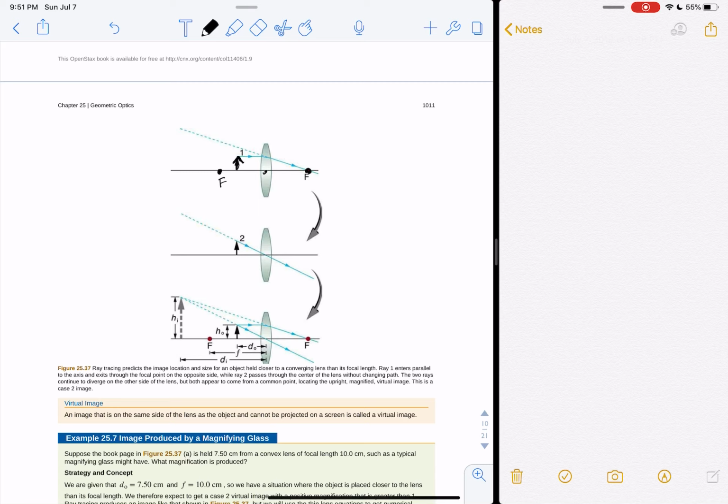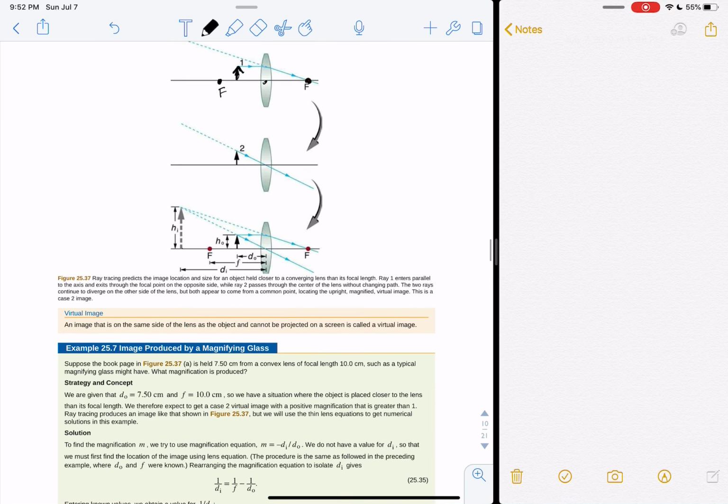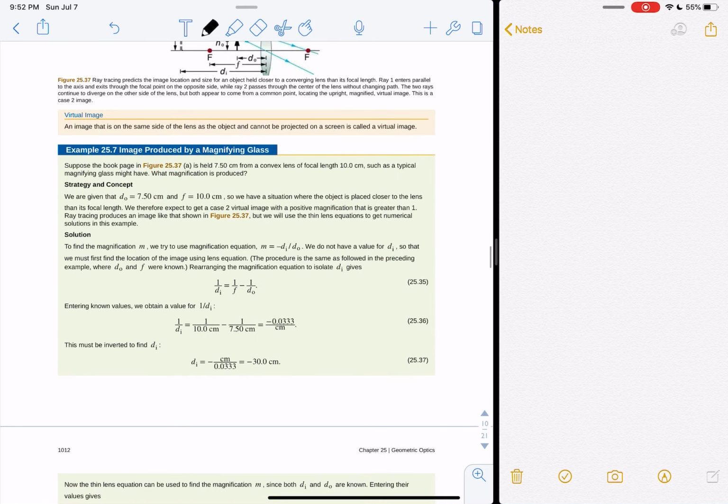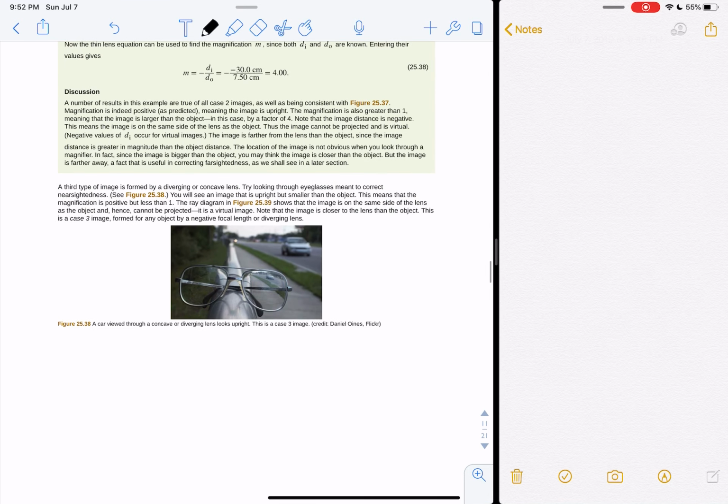If that happens, your three rules still apply, but now you're going to get what's called a virtual image. And that's because the image appears to be here. These dotted lines mean the rays appear to be coming from those points, and they're not really. So that's what we call a virtual image. Okay, but you have your same equations.